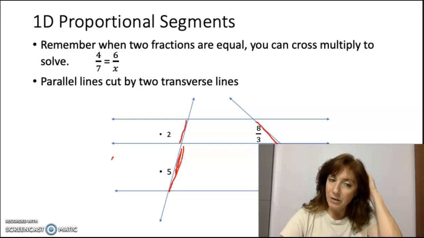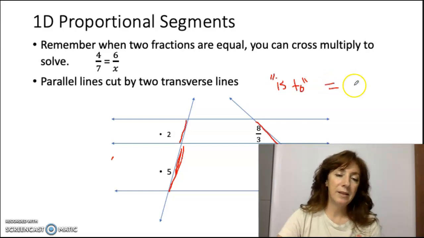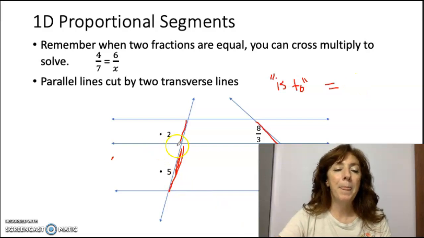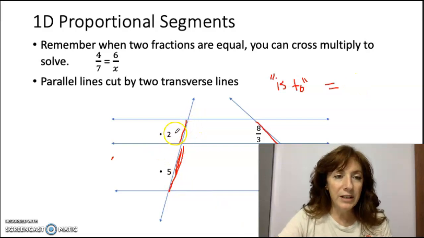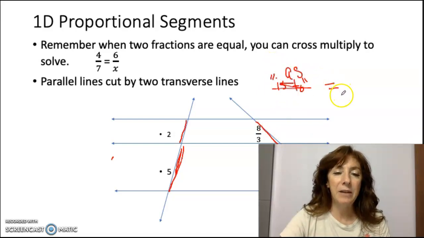There's a pattern. When you say the words "is to," that's going to mean equals. The proportions are: the top is to the bottom as the top is to the bottom. Sorry, this should say "as." "As" can mean equal.